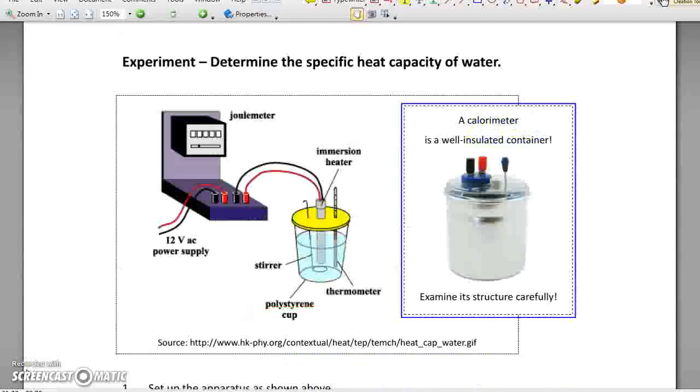In the coming lesson, you are going to do an experiment to find the specific heat capacity of water using a calorimeter together with a joulemeter to measure the energy supplied to a fixed amount of water.